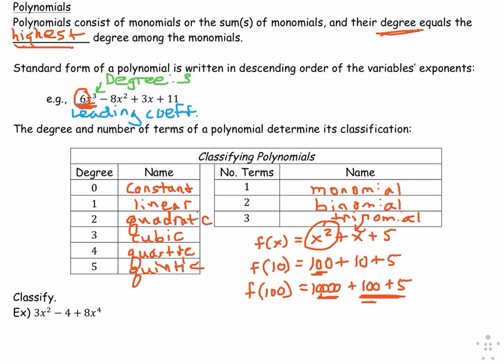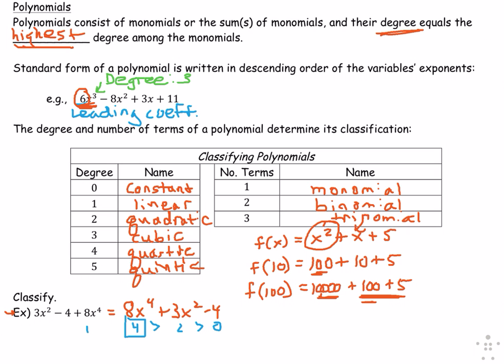So if I'm to classify this first example down here, I first want to make sure to view it in standard form. So that is in descending order of the powers. And now I look at the degree of each monomial. This one's 4, that one's 2, this one's 0. So the degree of the polynomial equals the highest degree among the monomial terms.